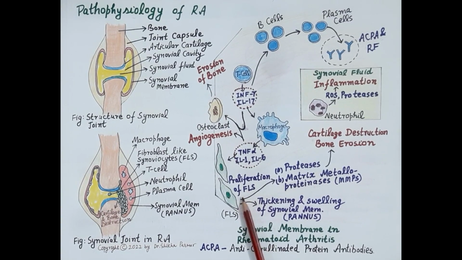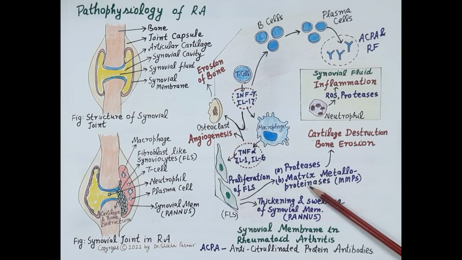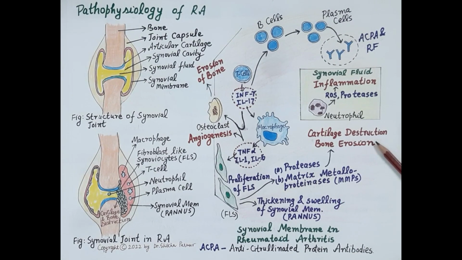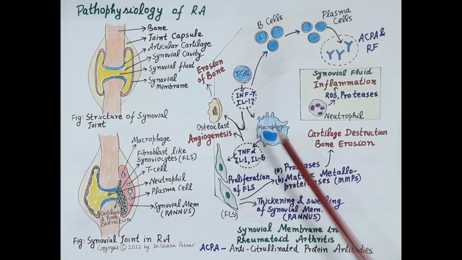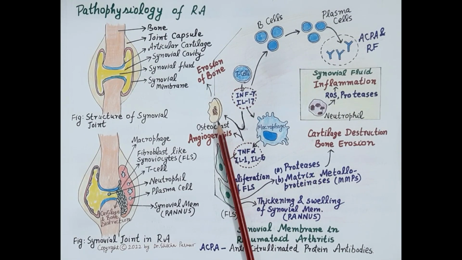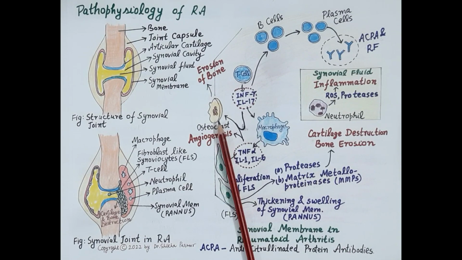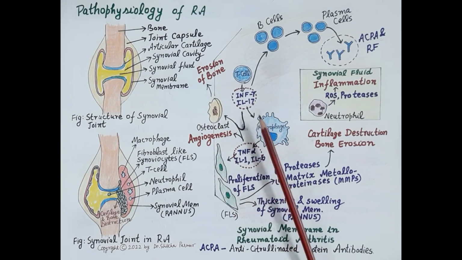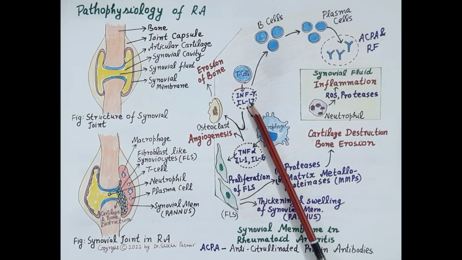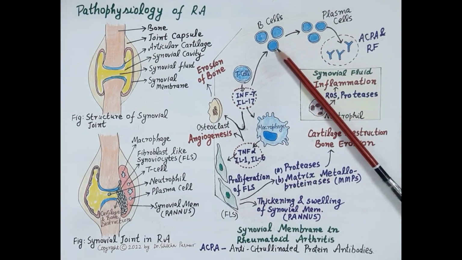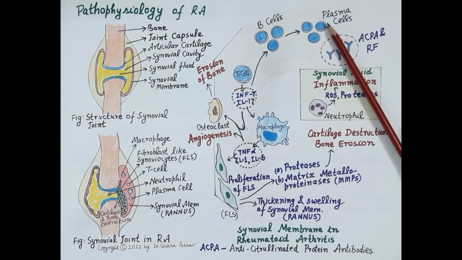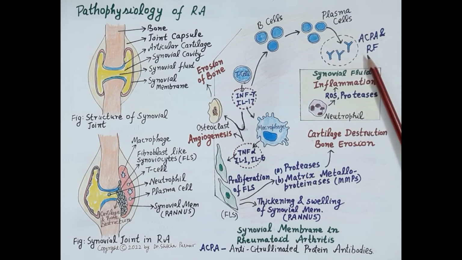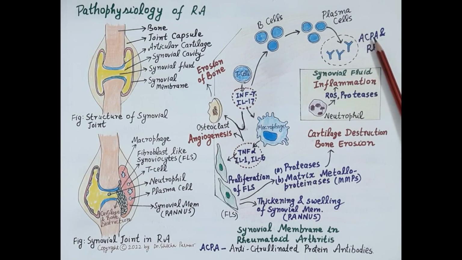Now, pannus further destroys the articular cartilage and the bone. Now, these fibroblasts which were activated by the cytokines produce enzymes like proteases and matrix metalloproteinases. Now, these proteins further cause destruction of the cartilage and bone. Now, these cytokines also activate osteoclasts, that is the bone breaking cells that destroy the bone. Now, these cytokines released by the T cells also activate the B cells, and B cells further produce plasma cells, and the plasma cells produce antibodies like rheumatoid factor and anti-citrullinated protein antibodies.